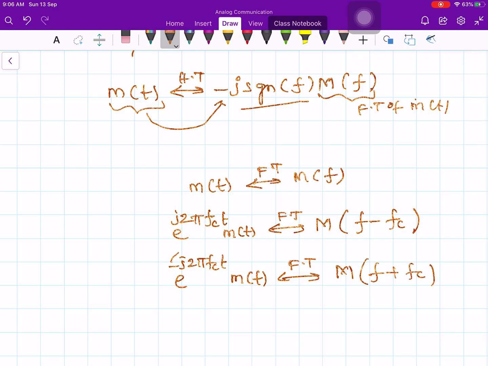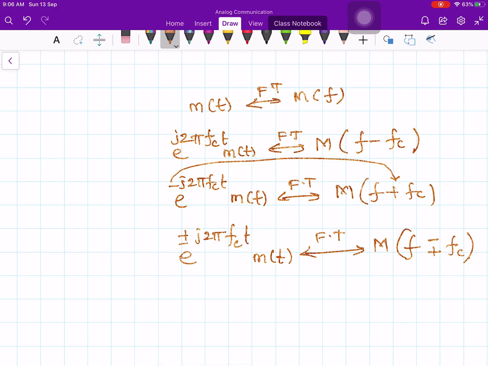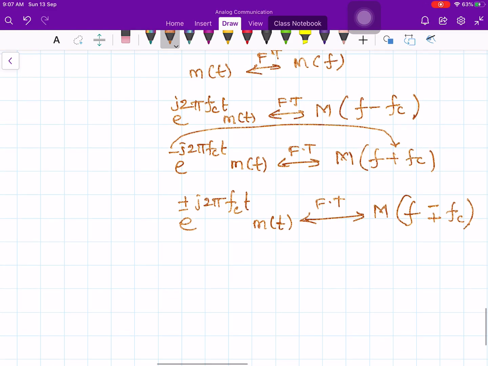If there is a minus, then it becomes plus. In general, we would like to write it like this: e to the plus or minus j 2 pi fct times m of t becomes m of f minus or plus fc. These are the basic properties from your Fourier transform. Let me call this whole thing the first one.